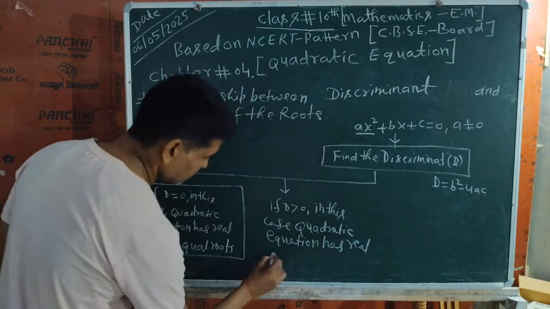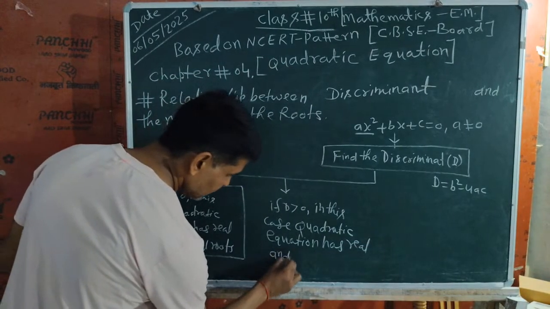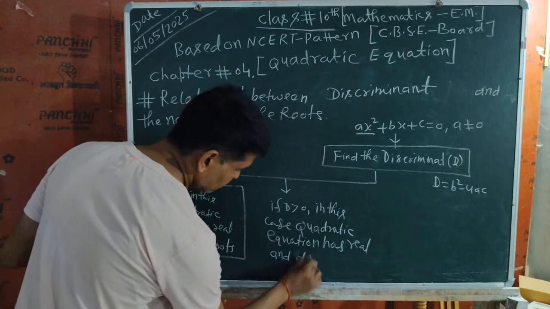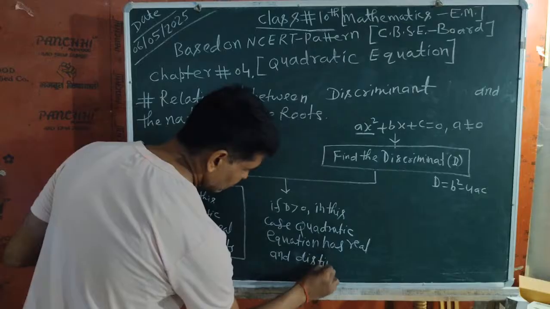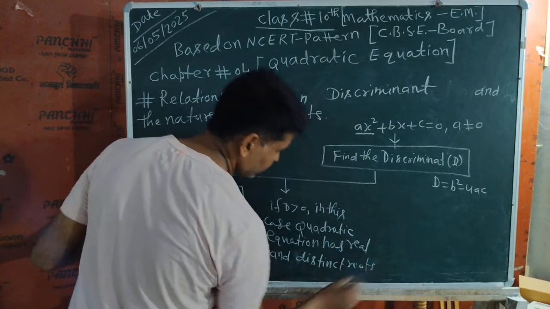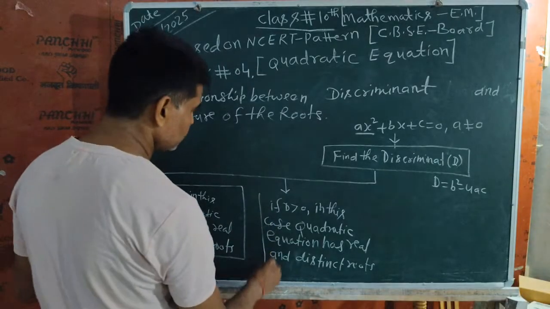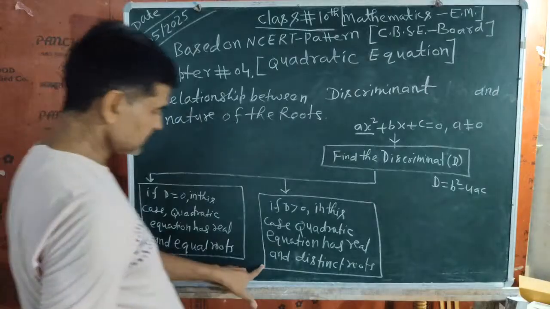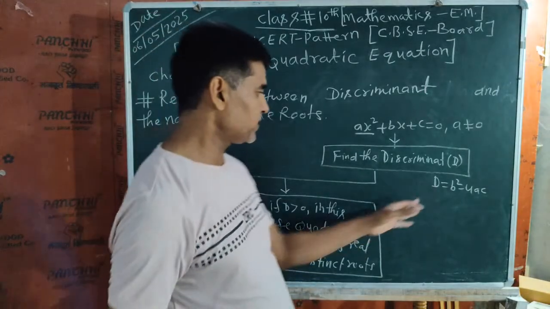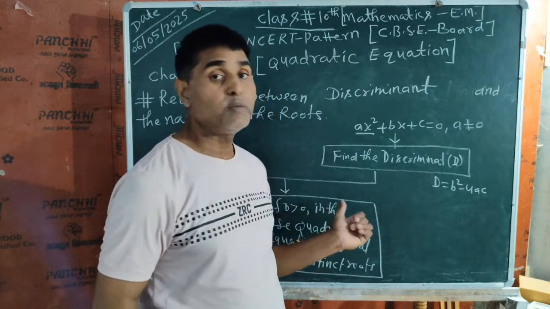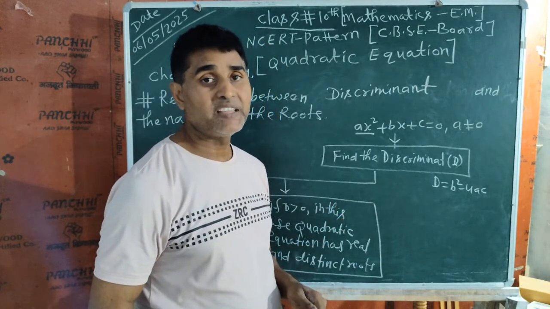Because a quadratic equation has two roots, and both roots will be real and distinct. That information is written here. If the value of D is greater than 0, there will be two roots and both roots will be real and distinct.